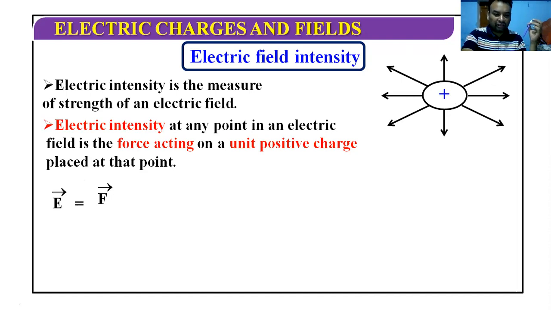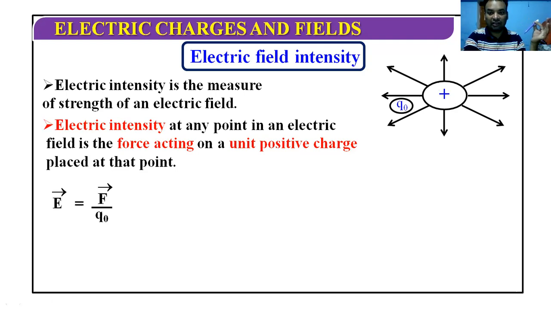So E, electric field intensity, is the force experienced by a test charge placed at a certain distance apart from this positive charge. We have this positive charge and we take a virtual imaginary test charge. Actually there is no test charge, we are just assuming, because there is no such physical quantity like a test charge.